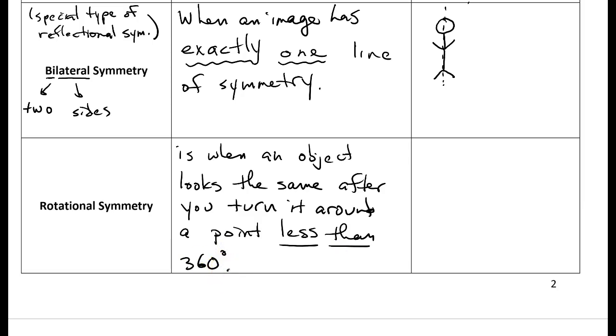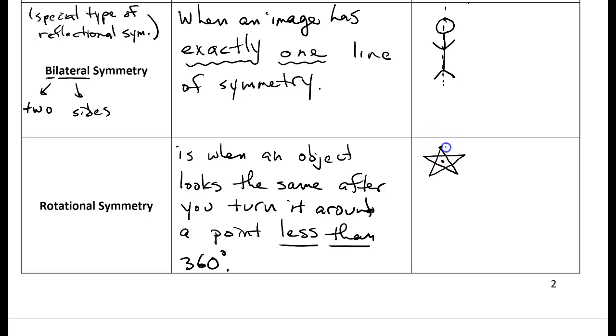Okay, so for example, if I look at a star, draw a star in here. Again, anytime you need to pause the video, feel free. And if I pick a point right here in the center, the way I want to determine if this has rotational symmetry, we have to visualize.